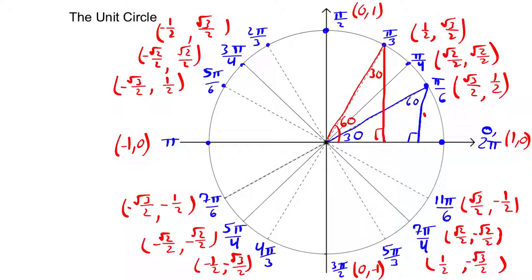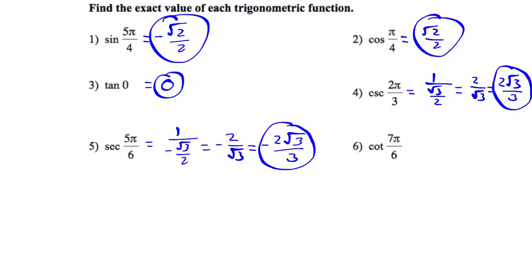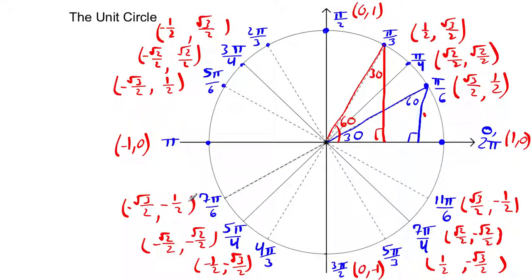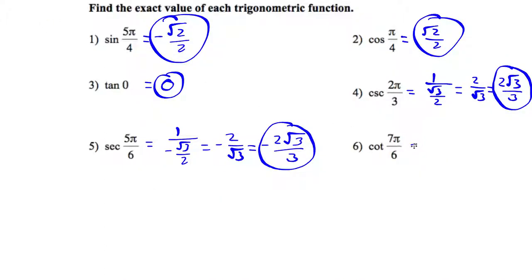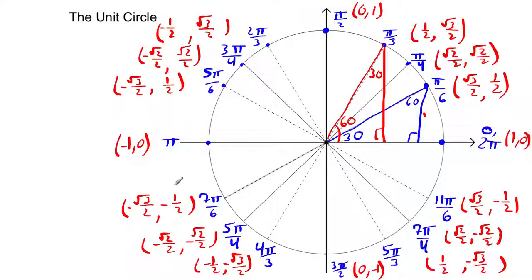And then finally, for 7 pi over 6, if we want to find the cotangent, cotangent is x divided by y. So cotangent is going to be negative root 3 over 2 divided by negative 1/2, x divided by y.